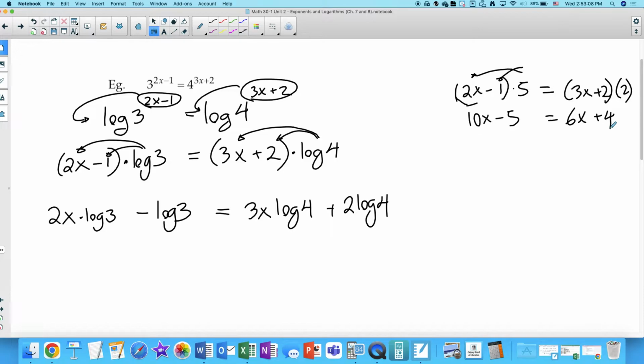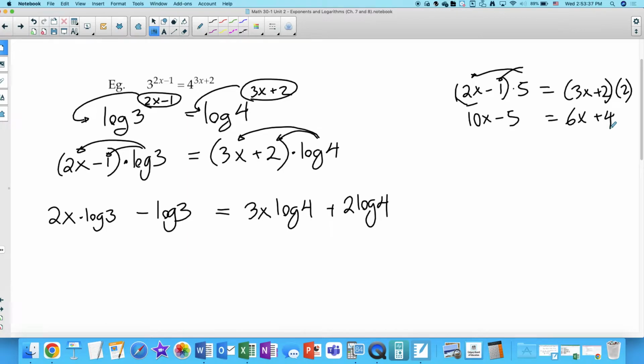So what would you do for this linear equation now? Yeah, we want to isolate x. So before we can say x equals this, what would you do? Let's solve this. How are we going to do that?